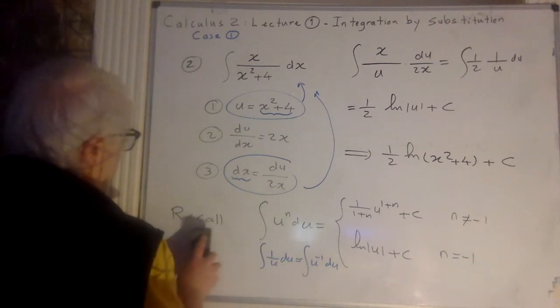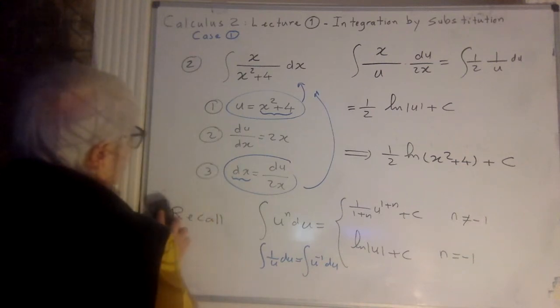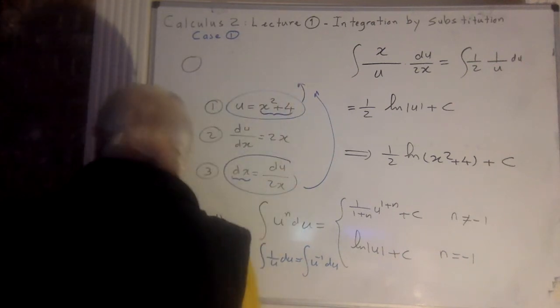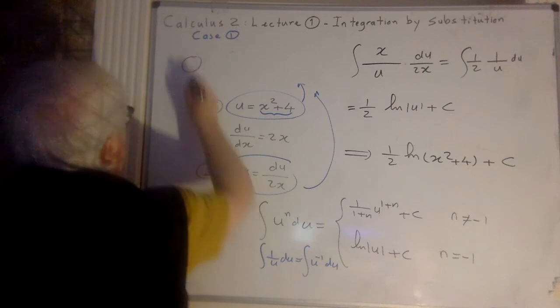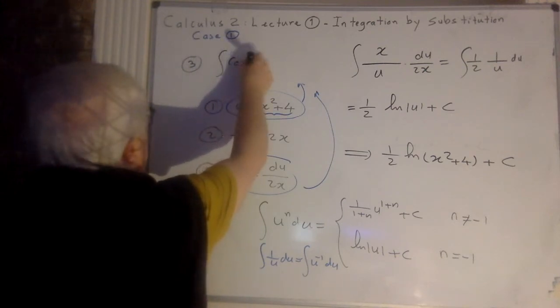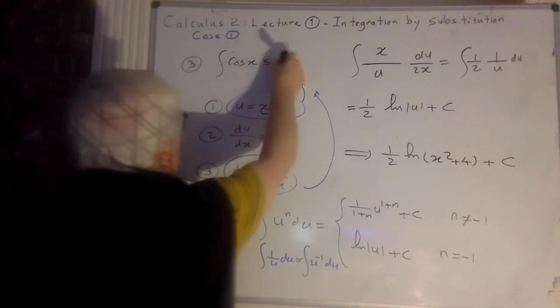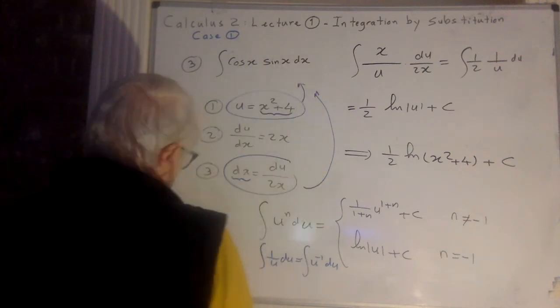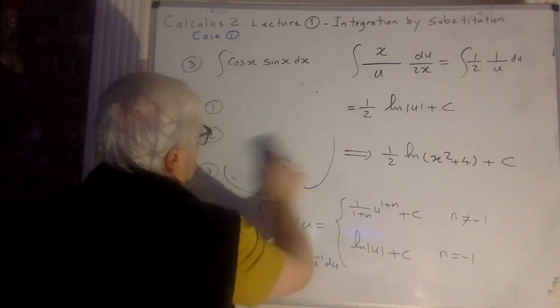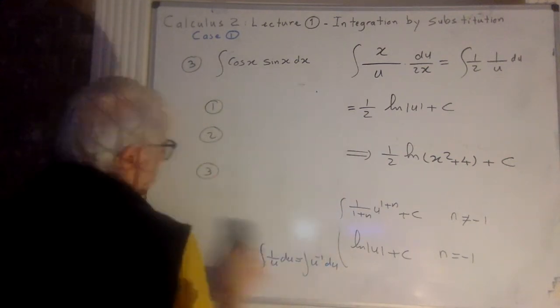Now the third one was, let me erase everything here. The third one, if I remember correctly, number 3, was the integral of cosine x sine x dx.